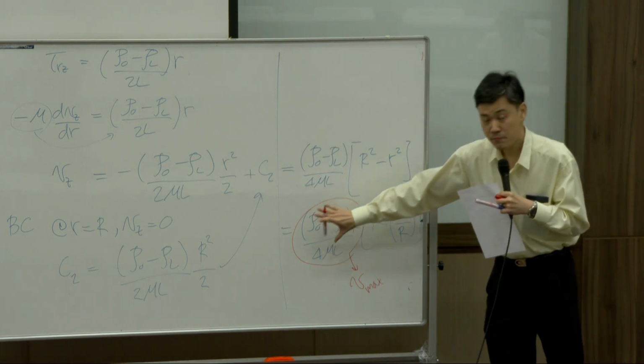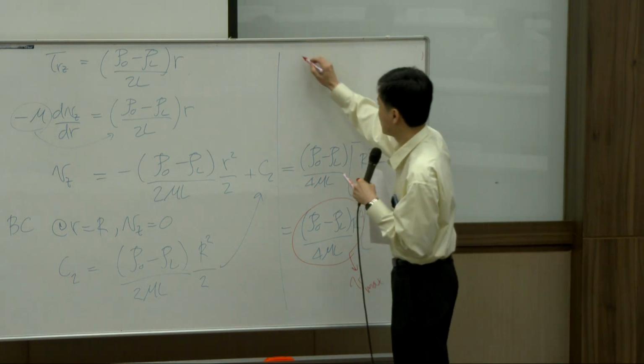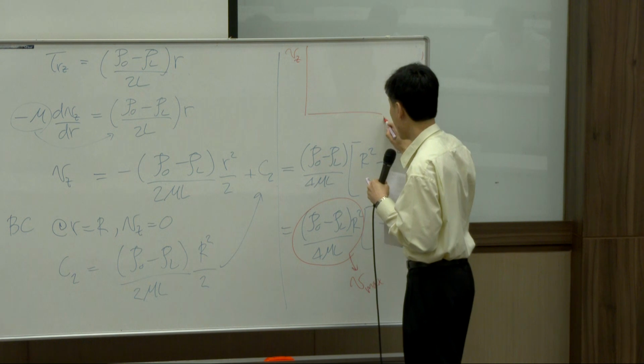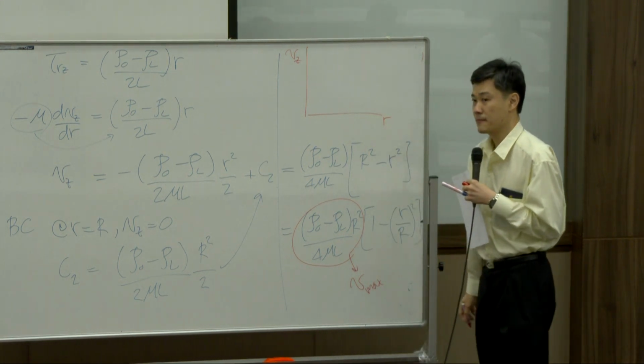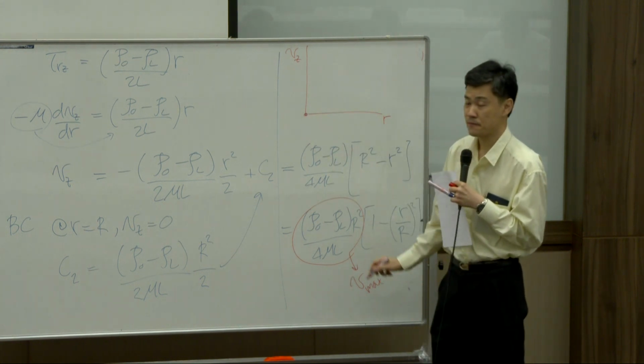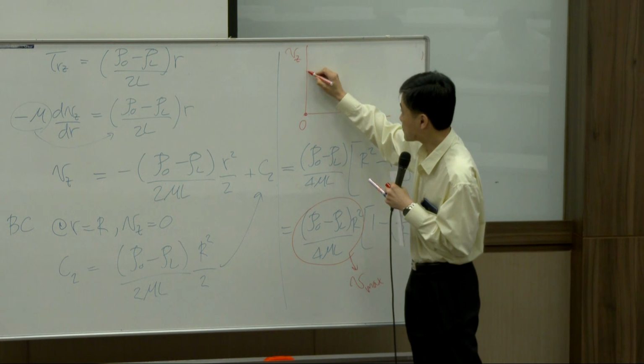Now, if you plot this velocity profile between Vz and r, you see that at r equal to 0, velocity turns out to be maximum.